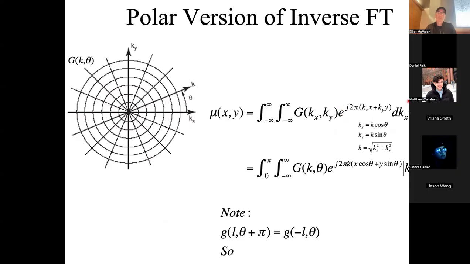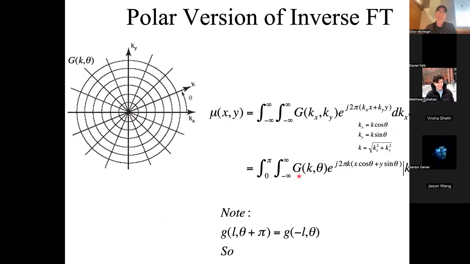This gives us the inverse Fourier transform that goes back to mu(x,y) to reconstruct the perfect estimate of mu(x,y), right? We can transform this Fourier transform equation into polar coordinates so that we can use the values that we've measured. We don't have to interpolate. We can just take the values we got.